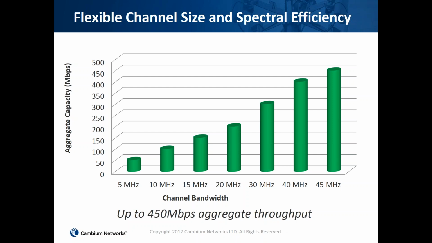So for example, if you just have a 30 megahertz channel, you are forced to use a 20 megahertz channel for transmission, but you're wasting the 10 megahertz that can additionally be used for transmitting more data. So by having the option of 5, 10, 15, 20, 30, 40, 45, you're able to allocate and get the best bang for your buck under any circumstance or any change as well.